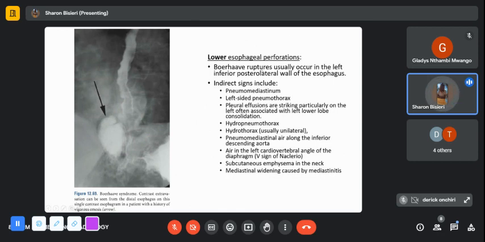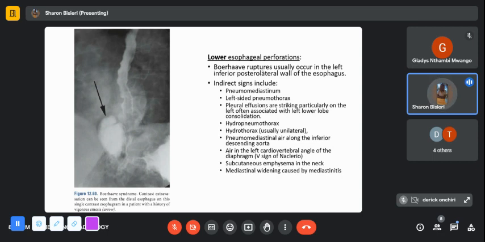So here we'll be looking mostly at Boerhaave ruptures, which usually occur in the left inferior posterolateral wall of the esophagus. And on a radiograph, here we'll be looking at indirect signs. These indirect signs include pneumomediastinum, and you've already seen how pneumomediastinum appears on plain radiographs, but we'll look at that in the next slide. You'll also have left-sided pneumothorax because of the location of that here.